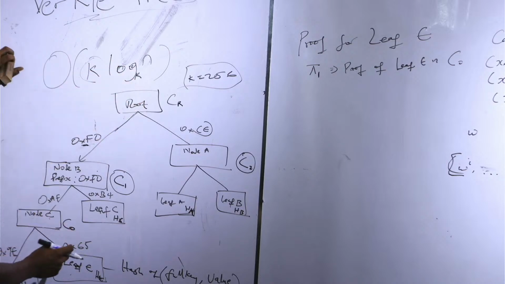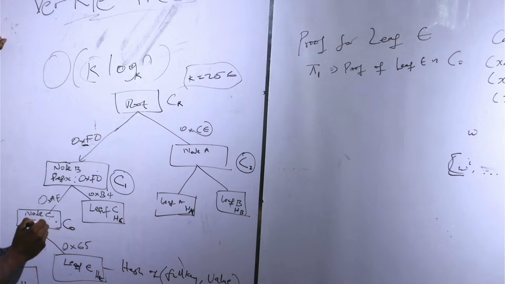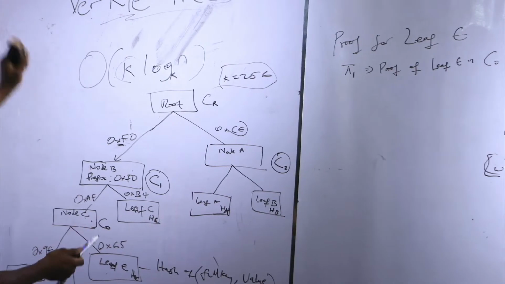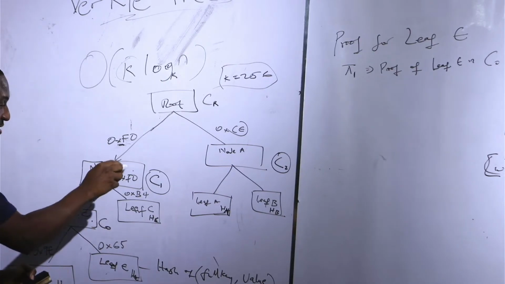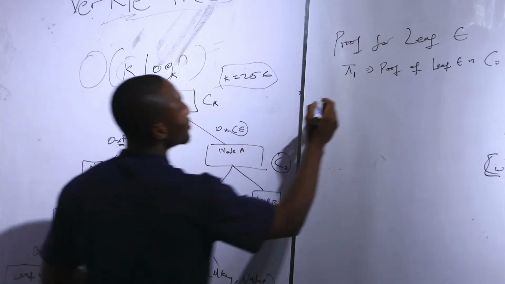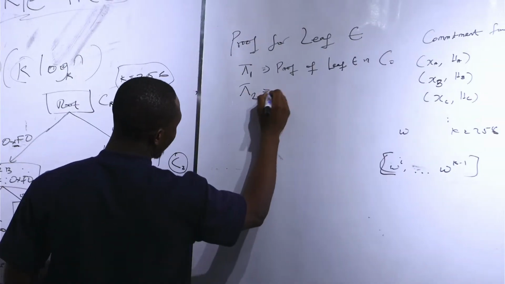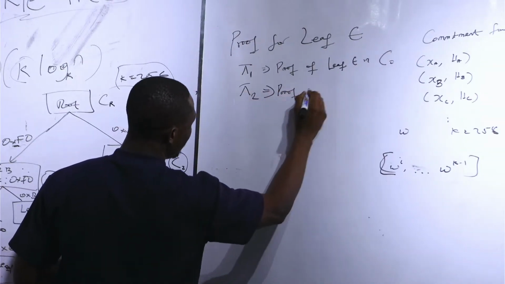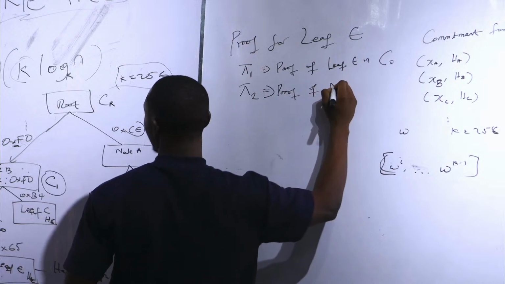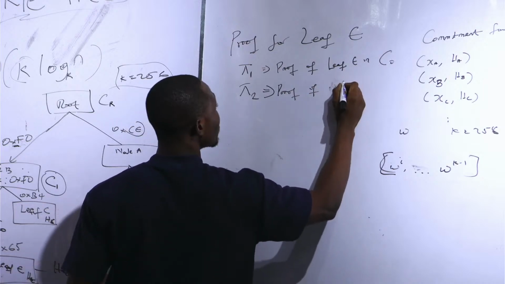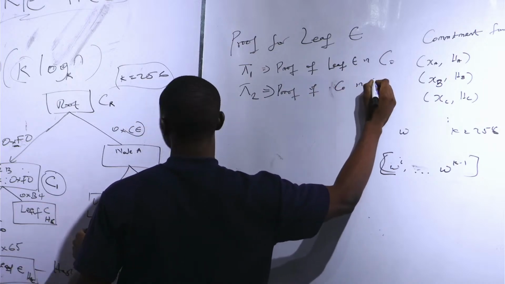So now we also need the proof for the existence of this particular commitment, which is the value of this node C, inside this C1. So that would be another proof, let's say just a C naught in C1.